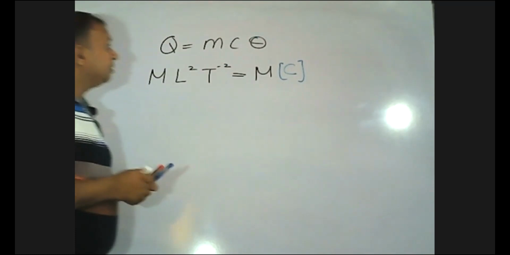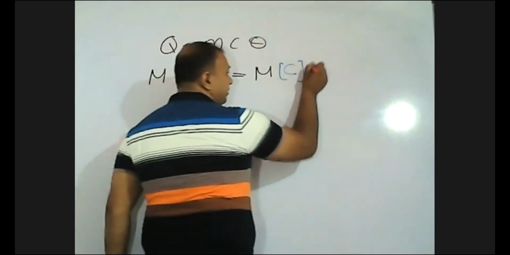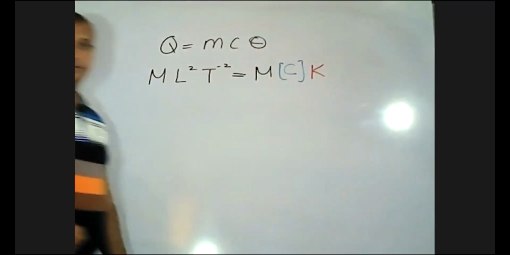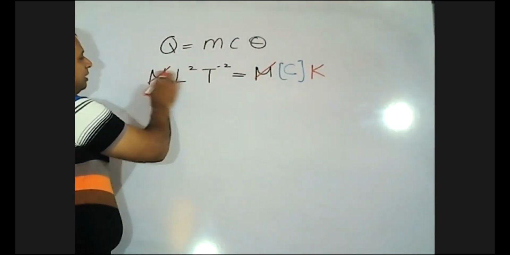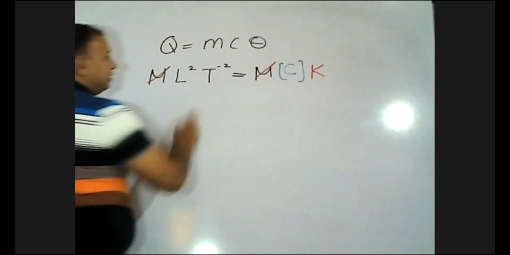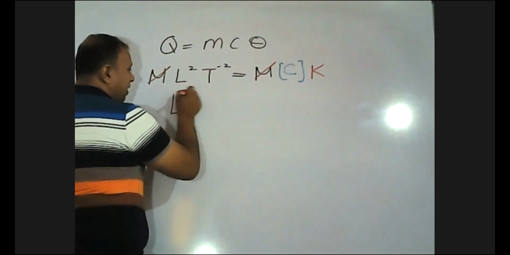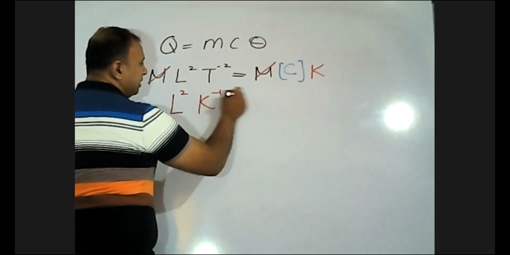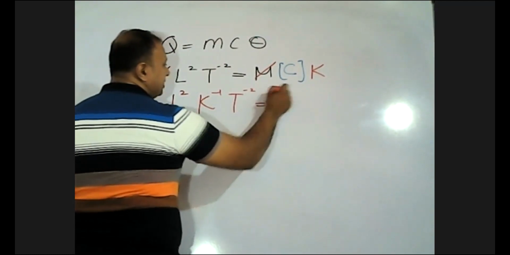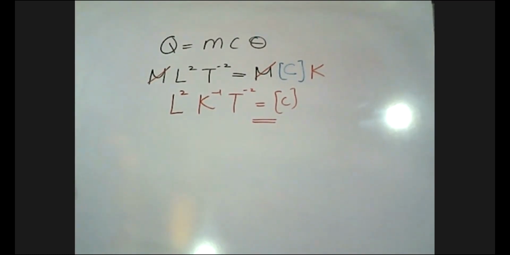We are given that the dimension of theta is capital K. If I simplify this, M and M will be cancelled out. L squared stays, and if I bring K to the left hand side, it will be K minus 1, and T minus 2, which is equal to the dimension of C. That means answer number 1.